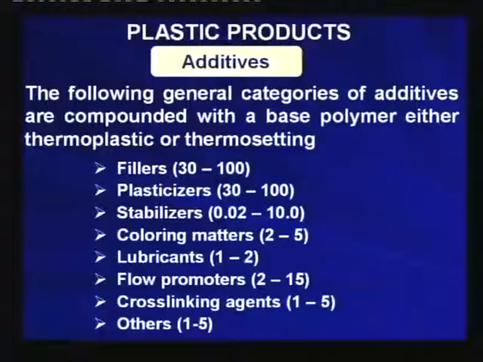So, it is not identical or the same for each category of products. But there are certain general aspects, general things which must be used in any of those products. So, you will get some idea if you just go through the additives or ingredients used for making a plastic product first.